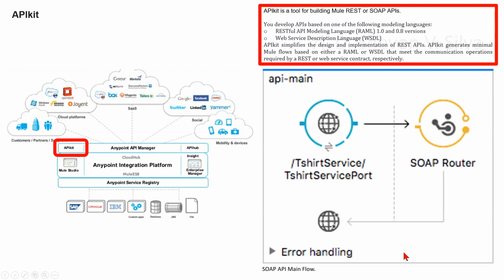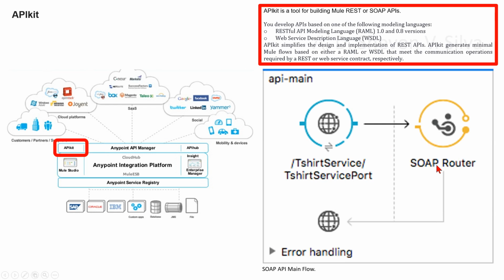Here you can see the SOAP API main flow. The main flow for a WSDL based API manages the first two tasks. The logic in the main flow accepts requests, sends responses, and facilitates communication between interfaces and the API process.